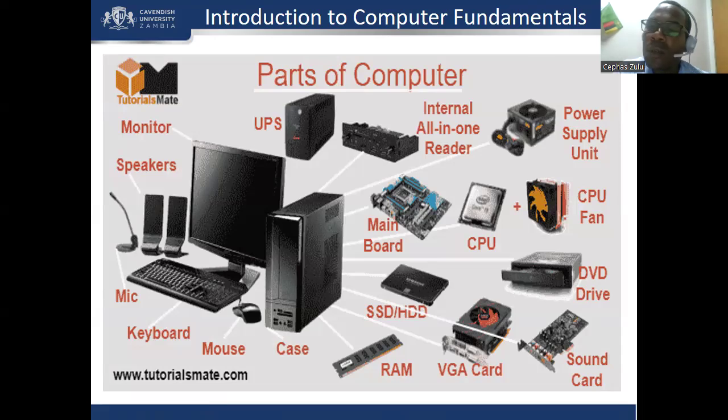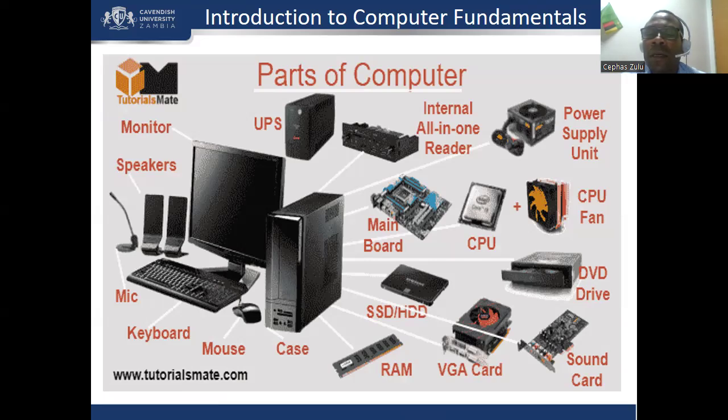Now, the central processing unit controls all the activities that happen in a computer system. As such, you find that it tends to heat up quickly, so you need a fan to cool it down. So the CPU fan is a device that is normally placed on top of the CPU in order to cool the device.